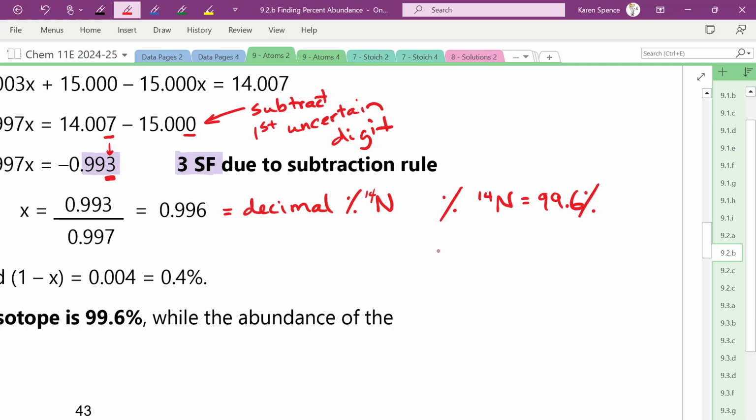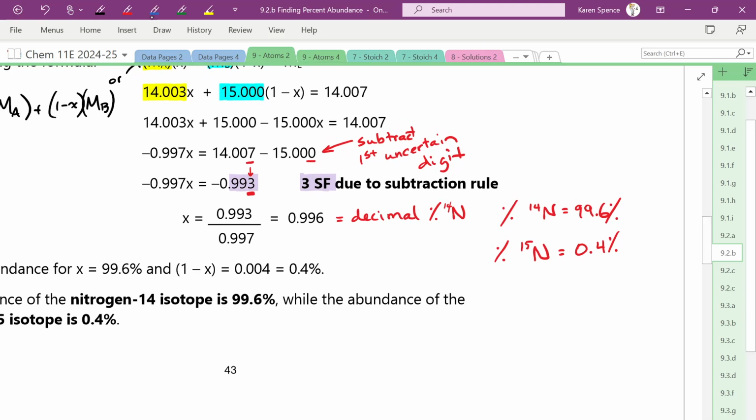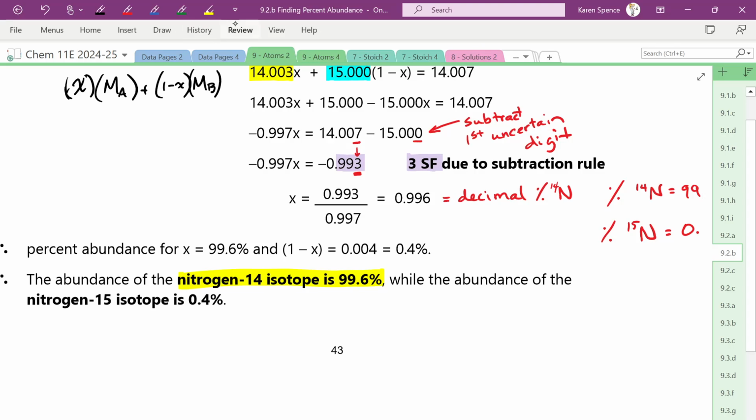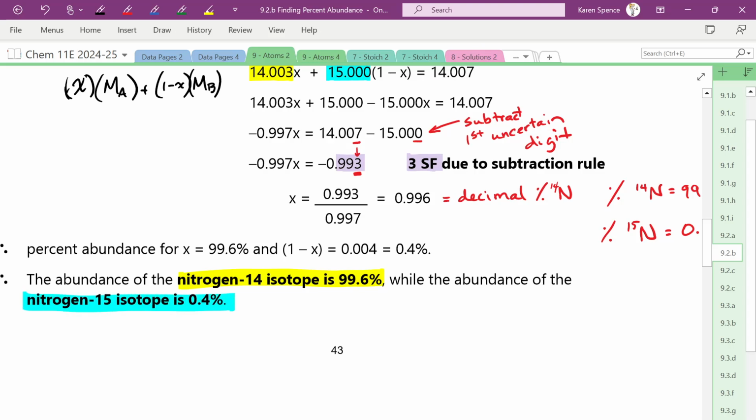What does that mean for our percent which is nitrogen 15? 0.4%. And so then you could say the abundance of the nitrogen 14 isotope is 99.6%, and the abundance of the nitrogen 15 isotope is 0.4%.